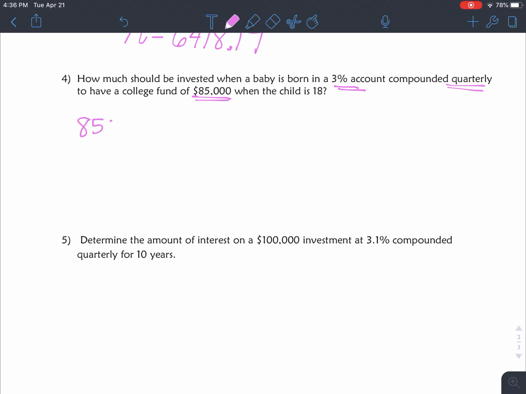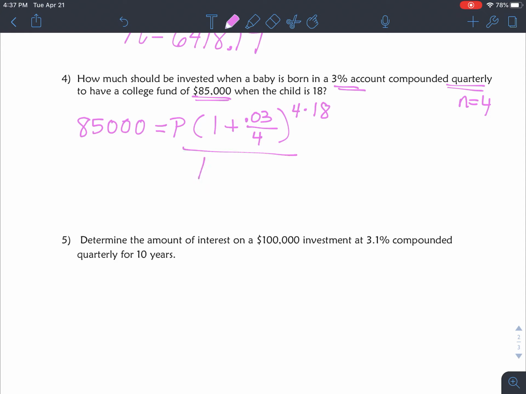So A would be $85,000 equals, we don't know P, times 1 plus my rate was 0.03 divided by, it's compounded quarterly, so 4 is my n. n equals 4, raised to the n times t. Well, that would be for 18 years.